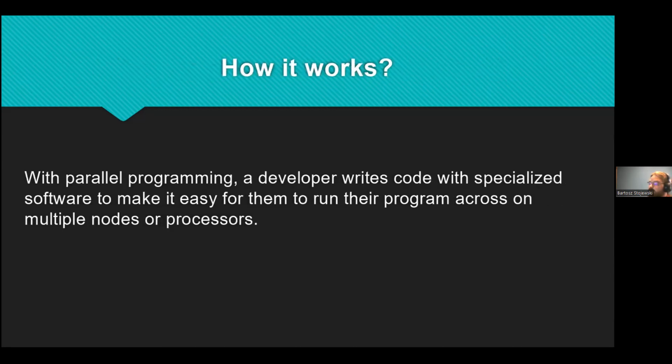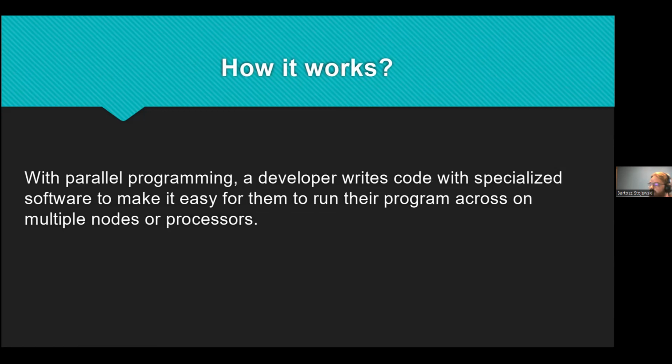Parallel programming works by assigning tasks to different nodes or cores. In high-performance computing systems, a node is a self-contained unit of a computer system that contains memory and processors running on an operating system. Processors, such as central processing units, CPUs, and graphics processing units, GPUs, are chips that contain a set of cores.